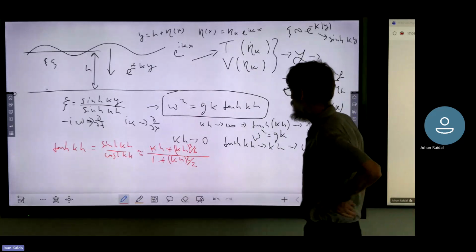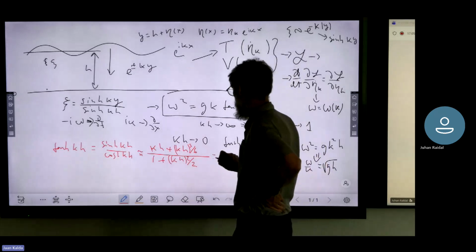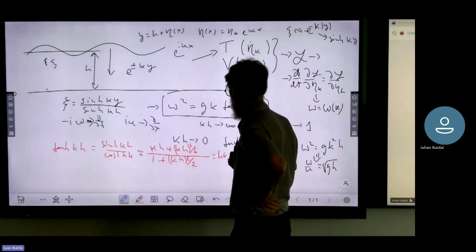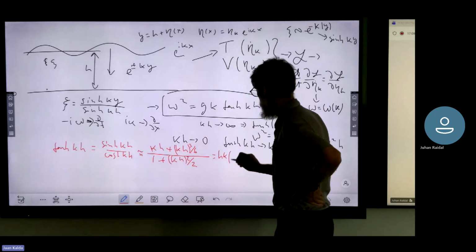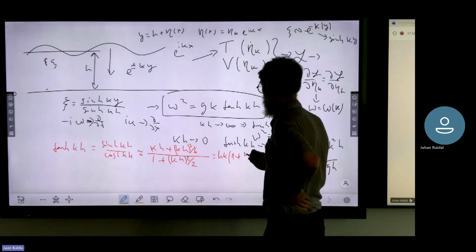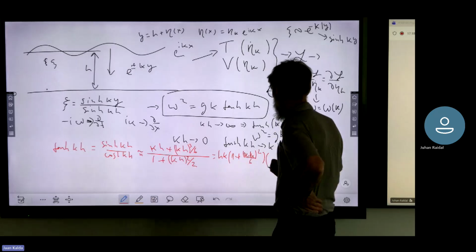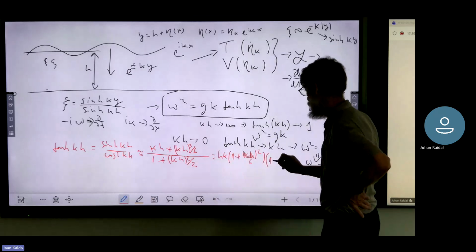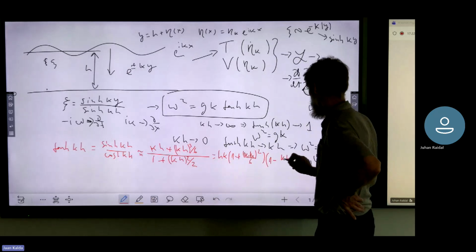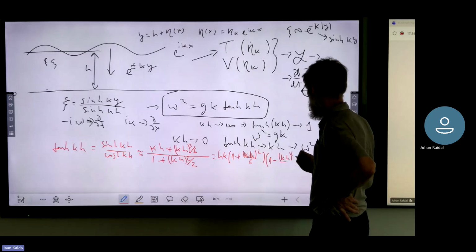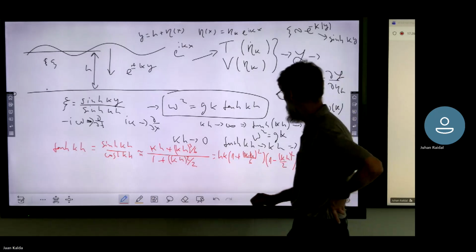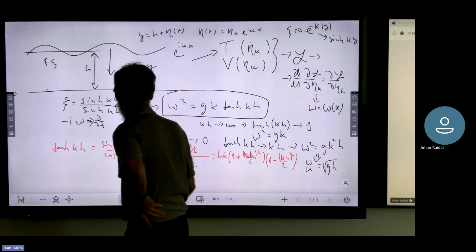And now this is kh multiplied by 1 plus kh squared divided by 6, multiplied by 1 minus kh squared divided by 2. We open the braces and keep only quadratic terms.